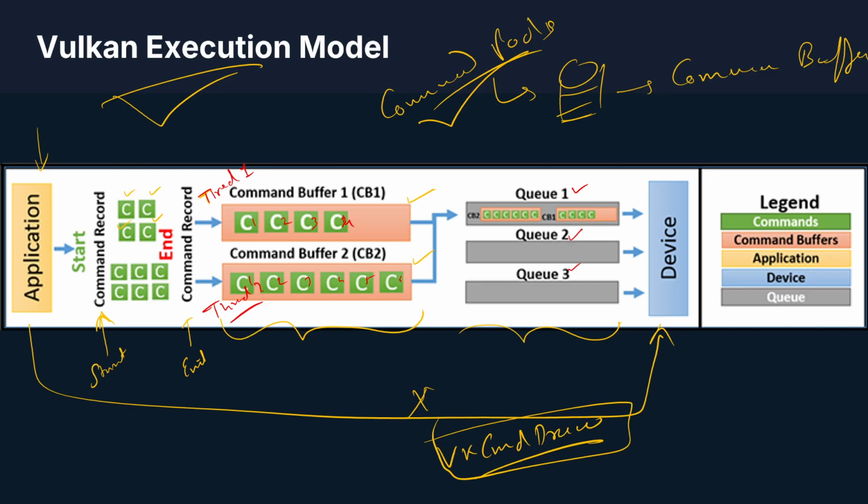These queues expose the capabilities of this device. That means a queue may be a graphics queue, or a compute queue, or a DMA queue, a direct memory transfer queue.